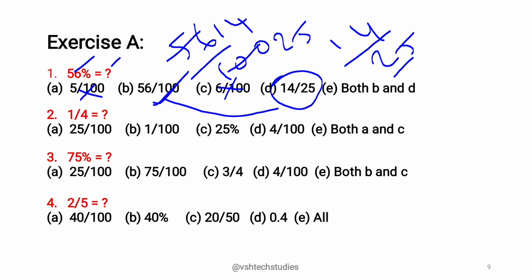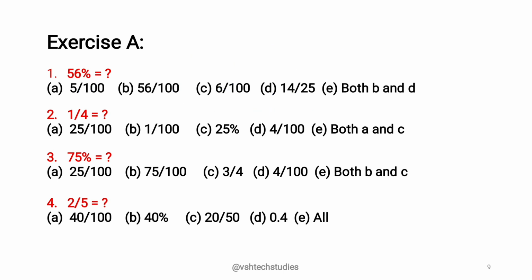So that is why this and this both are 56%. So the answer for the first one is both B and D, since 56 by 100 and 14 by 25 both are equal to 56%. Both B and D options are correct. You cannot tick only B, you cannot tick only D, though they are correct.